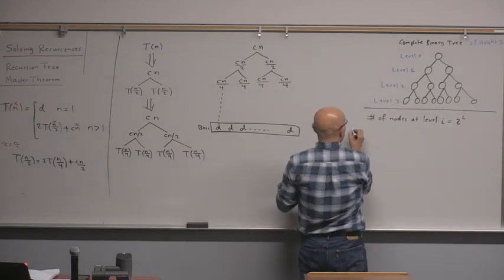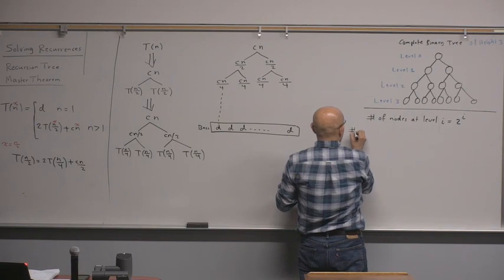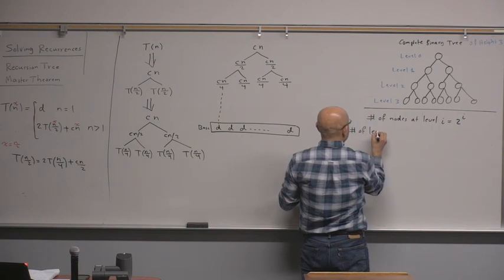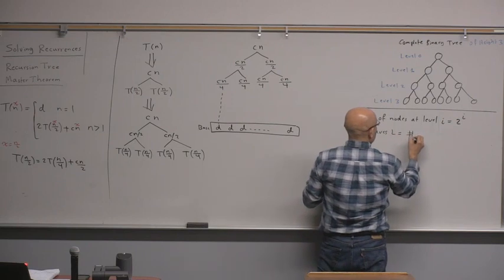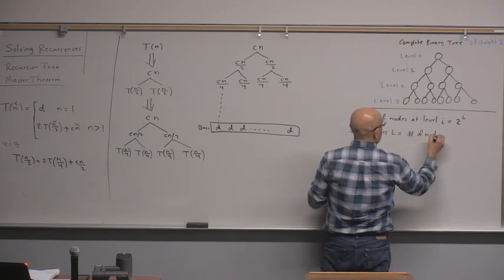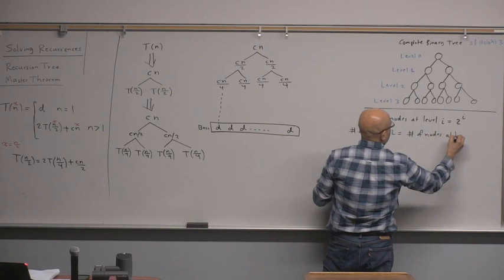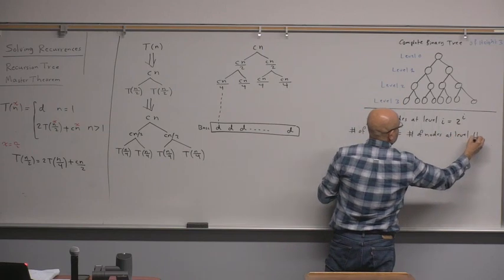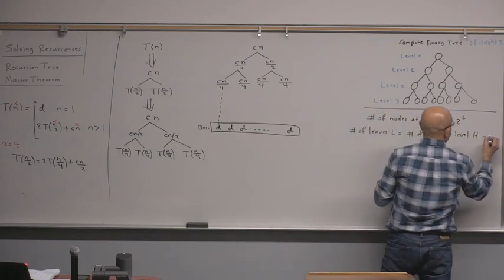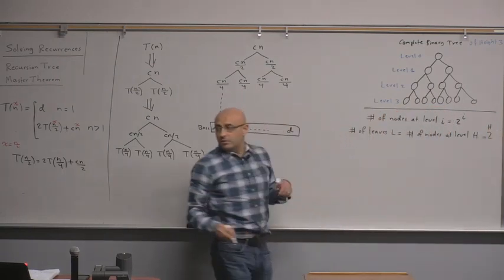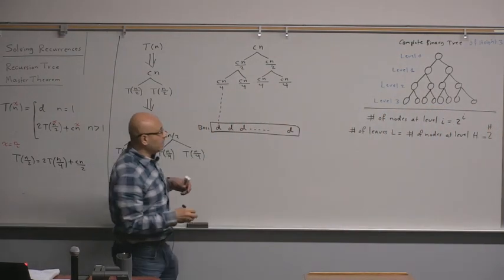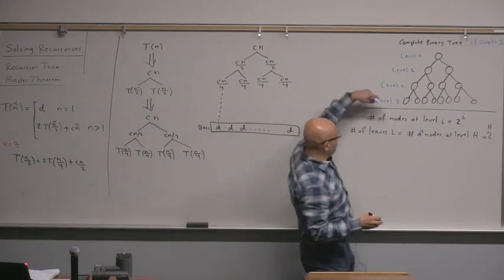Now, the number of leaves L equals the number of nodes at level H, and that's 2 power H. It's 2 power H, which is the number of leaves, the number of nodes at level H.